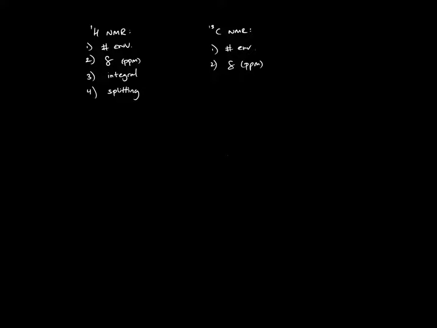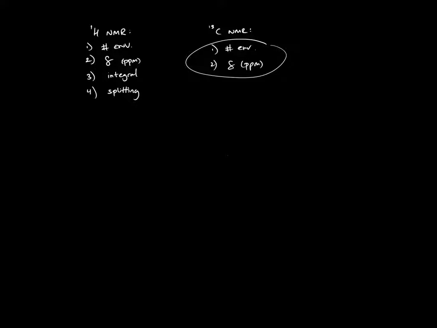And so, in fact, usually what we do is just completely turn splitting off. There are reasons for that we can get into if you'd like to know, but for our specifics, these are the only two things we're looking at. And these are two of the more simple things about NMR. So essentially, carbon NMR is a much simpler spectrum. It doesn't tell you as much information, which makes it easier to understand because it's not telling you as much.